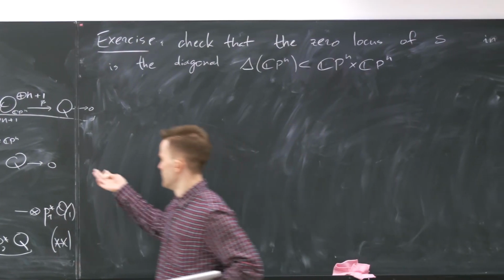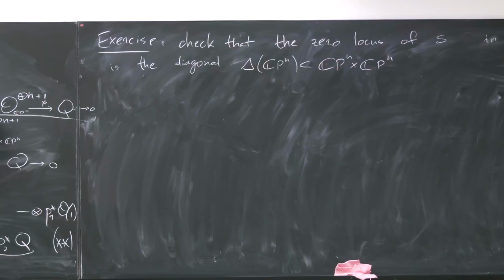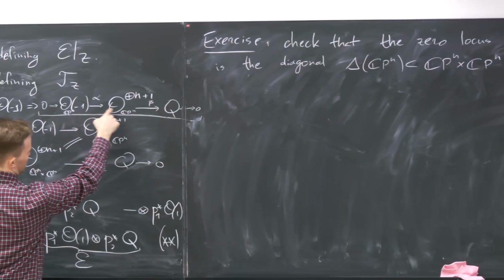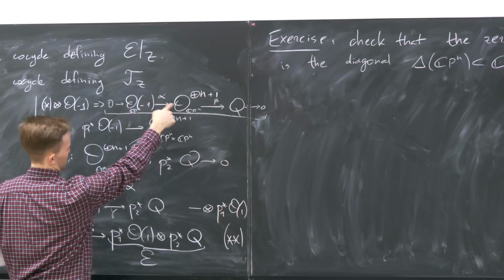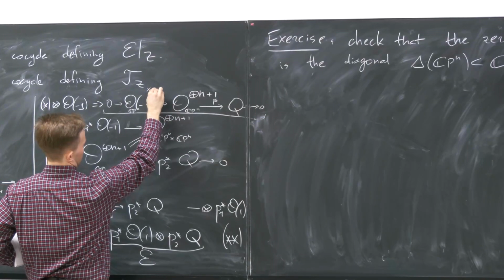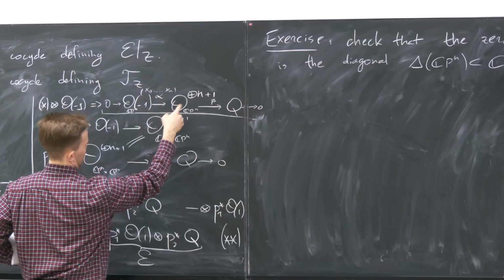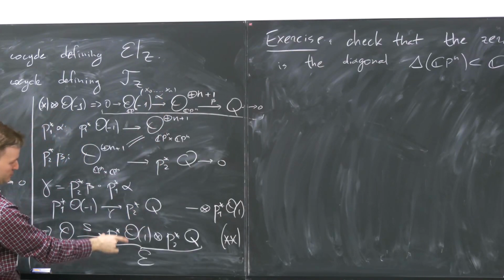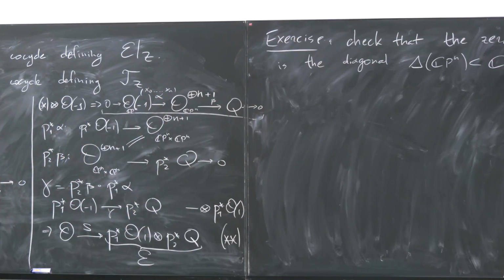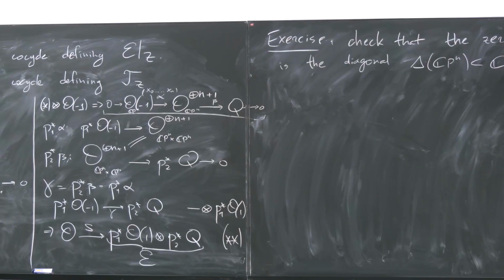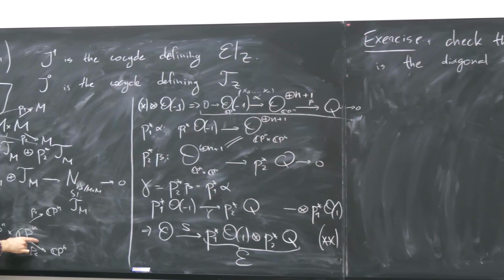Well, basically, to check this, you just try somehow. This map is in the homogeneous coordinates. It's just given by all this x0, ..., xn. So I introduce local coordinates on this one side. These are x0, ..., xn, and these are y0, ..., yn.